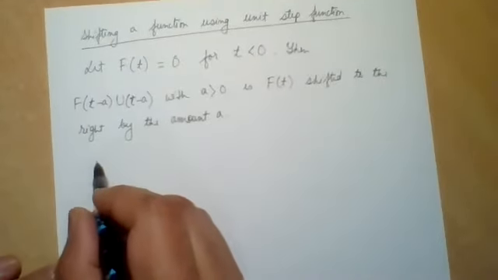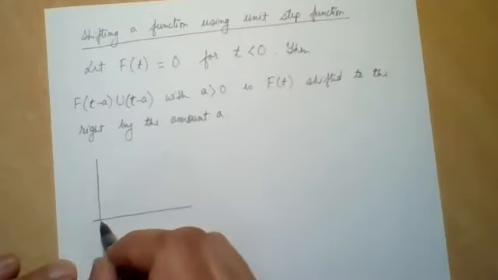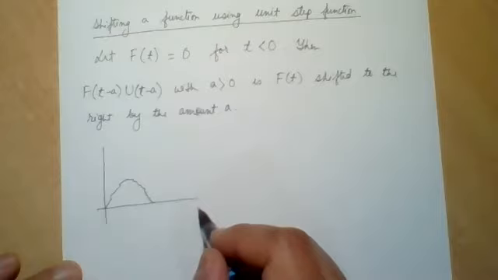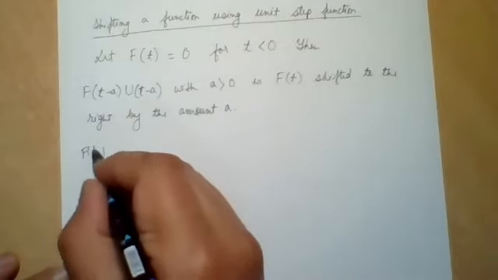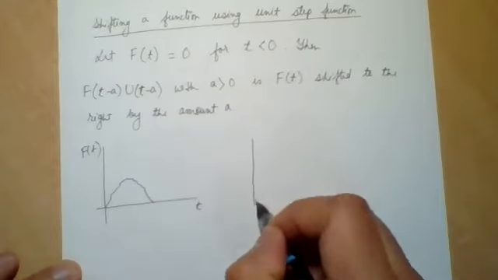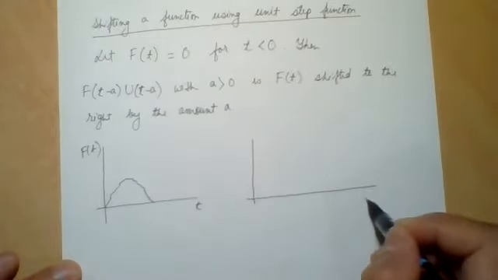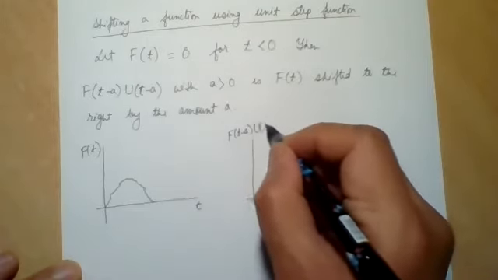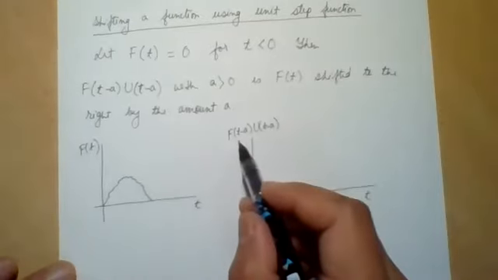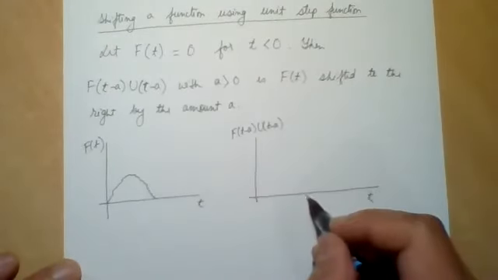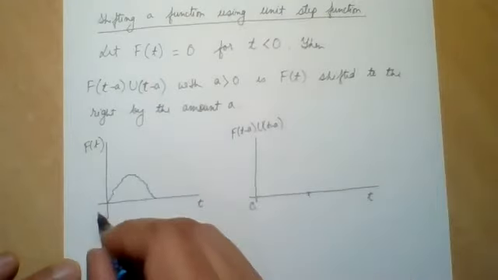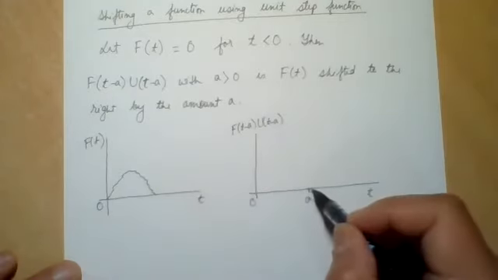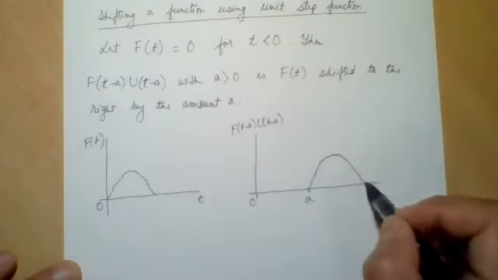Okay, so suppose the function f of t has some arbitrary shape like this. This is t, this is f of t. Now if I take f of t minus a and u of t minus a, then this is 0, this is a, and this function is the same function shifted by an amount a towards the right.